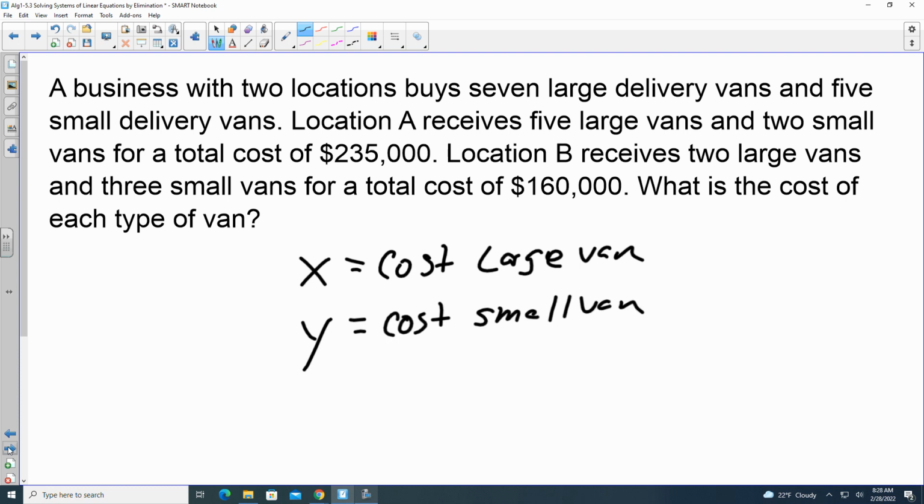Because we have two unknowns, we don't know the cost of the large van and we don't know the cost of the small van, we need to write two equations in order to solve this.